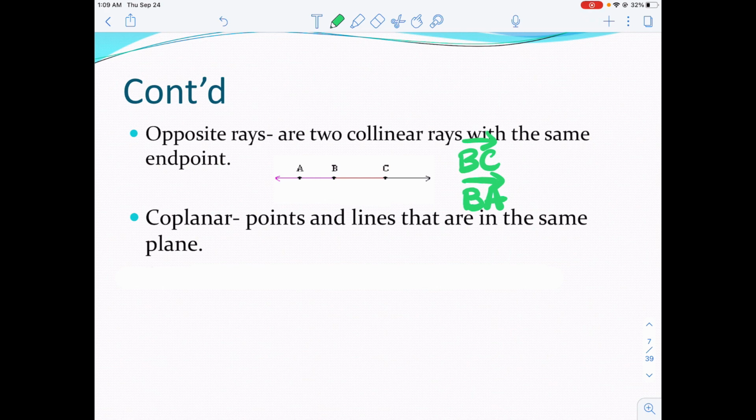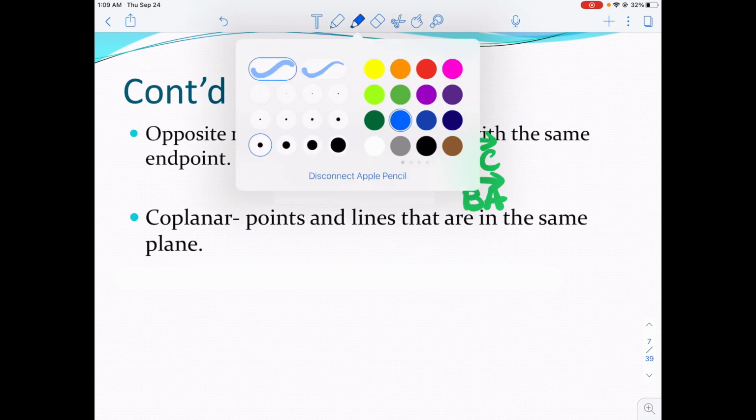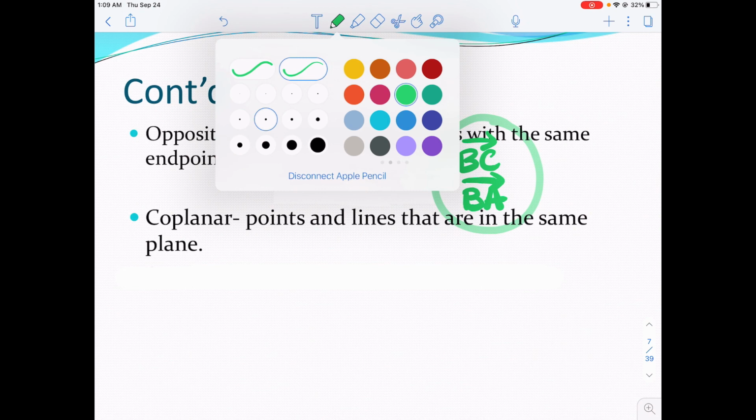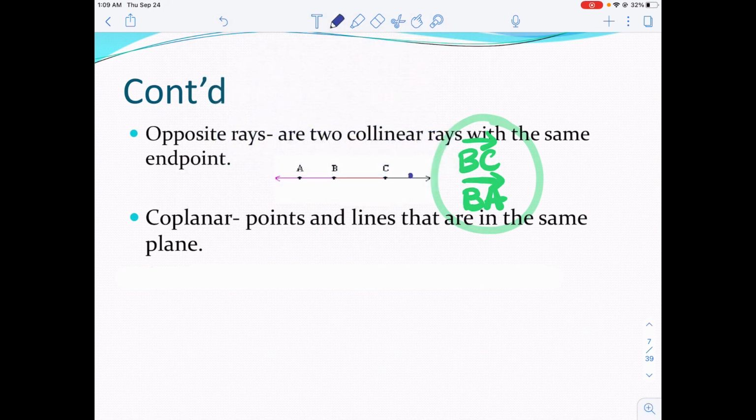These two rays that I mentioned, these are opposite rays. If I threw in another letter on this line and called it D, I can give us another pair. The other pair that I could say is ray CD is opposite to ray CB. They go in opposite directions.